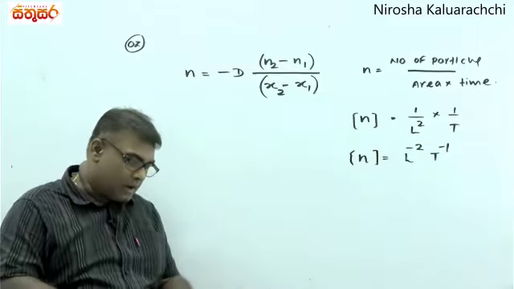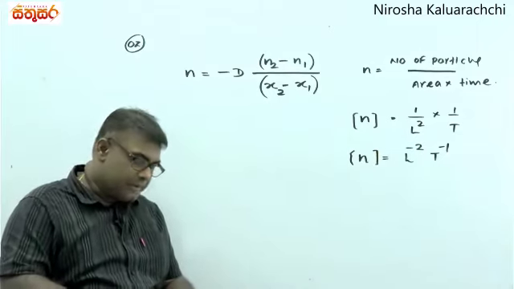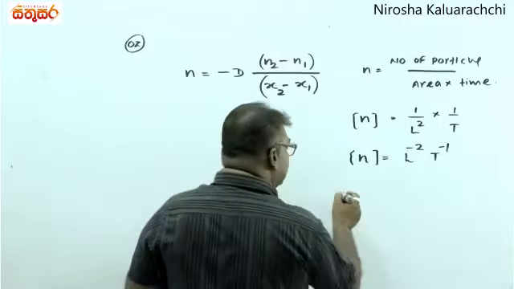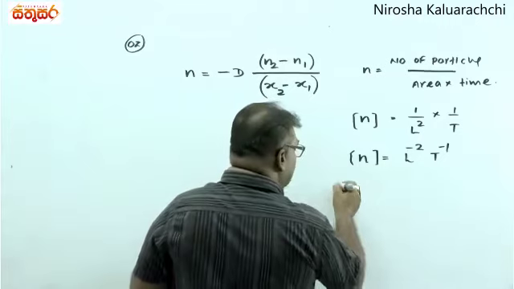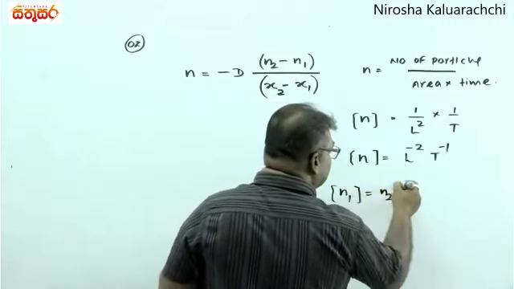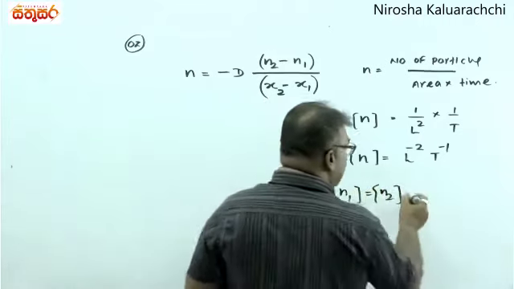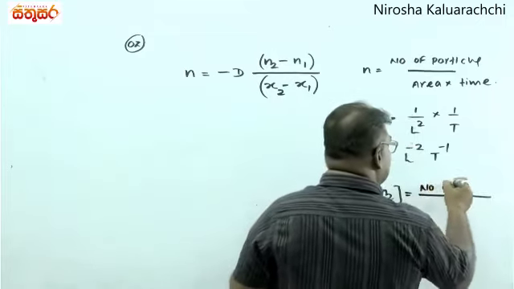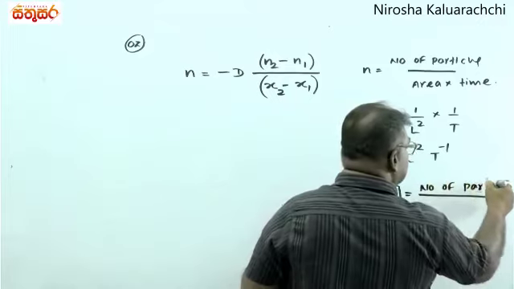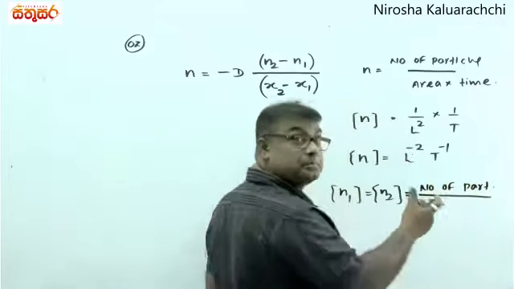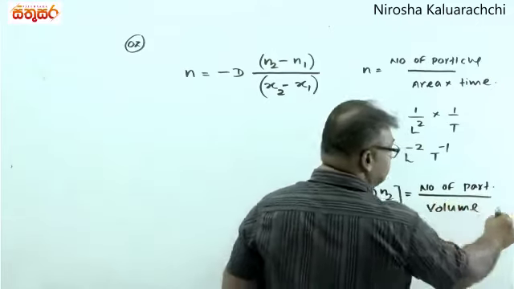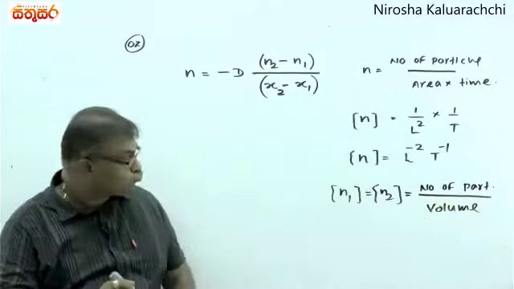n1 and n2 are the number of particles per unit volume. Dimensionally, number of particles divided by volume. Is that clear? Per unit volume.